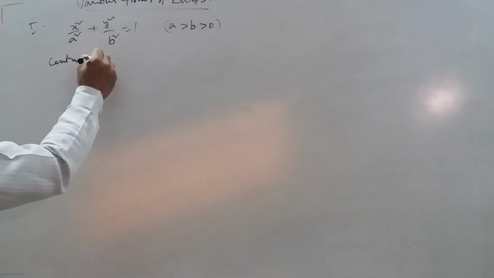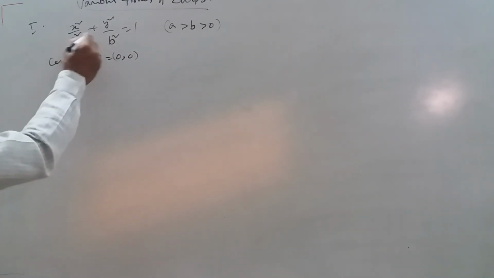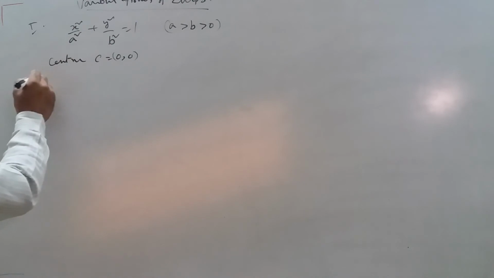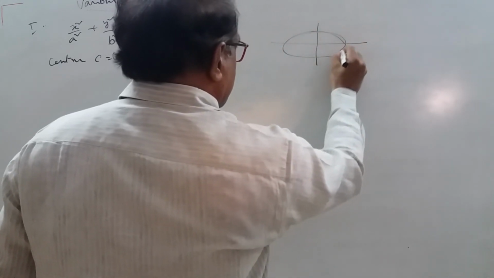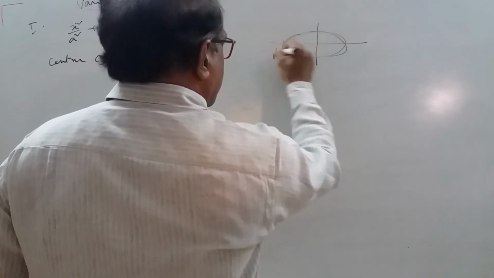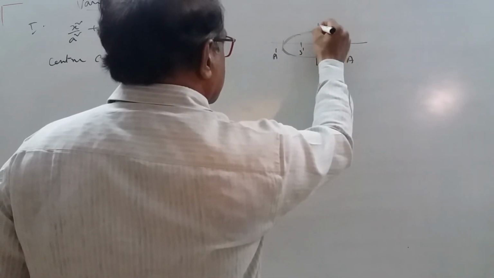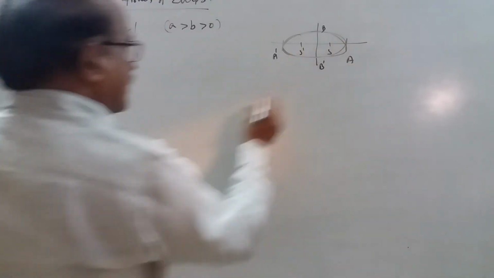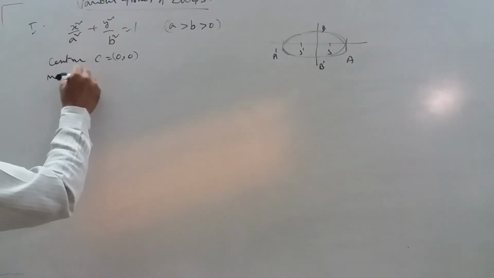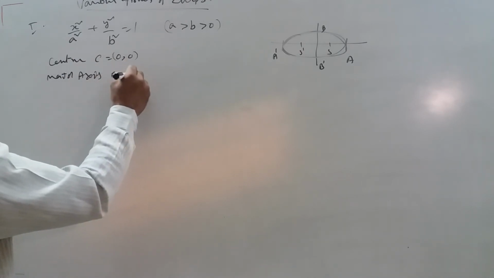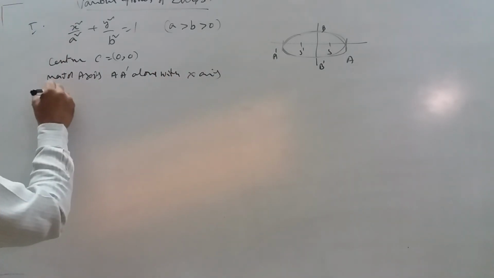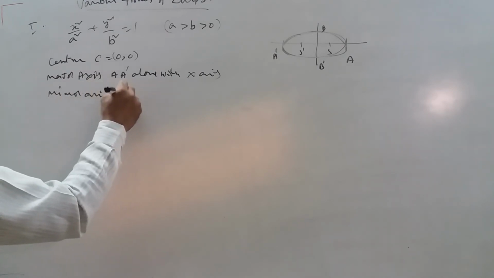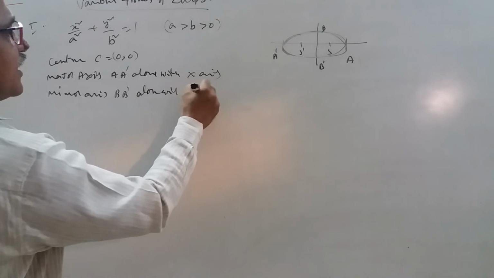Here the center C is (0, 0). Since a is greater than b, it will be horizontal. The major axis a dash a is along the x axis, and the minor axis b dash b is along the y axis.